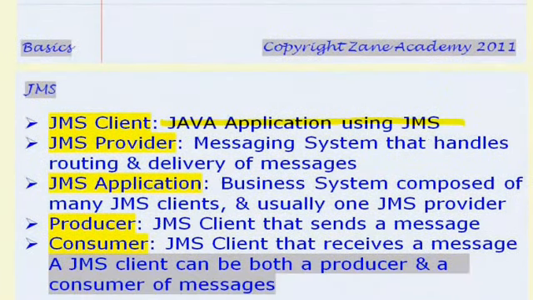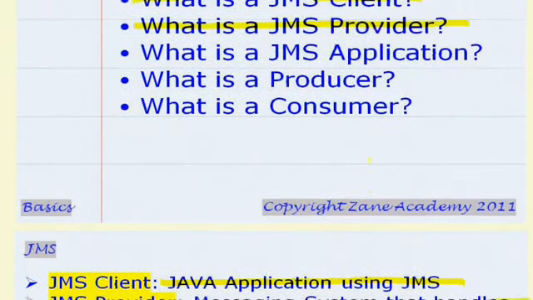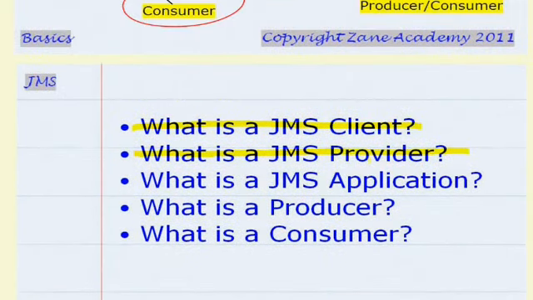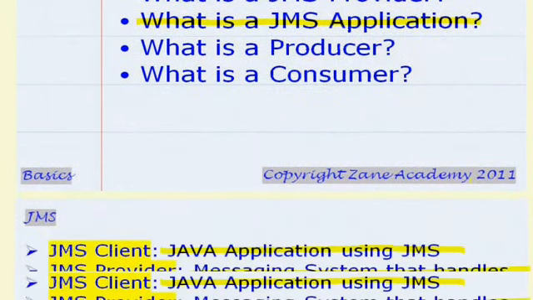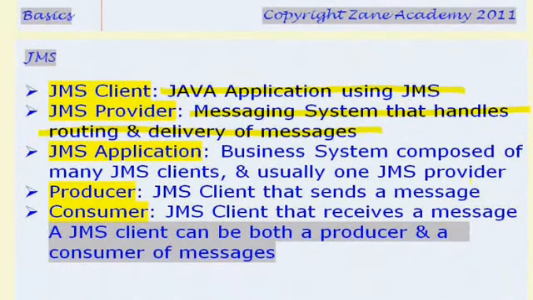A JMS provider is a messaging system that handles routing and delivery of messages. The third thing is what is a JMS application. A JMS application is a business system that is composed of many JMS clients and usually one JMS provider.